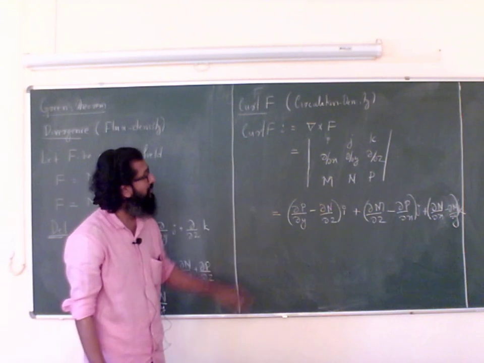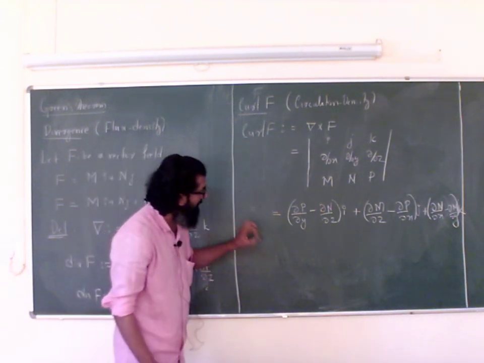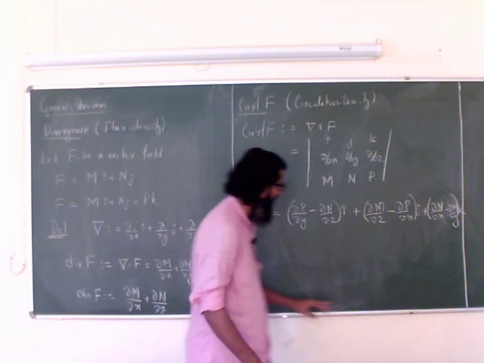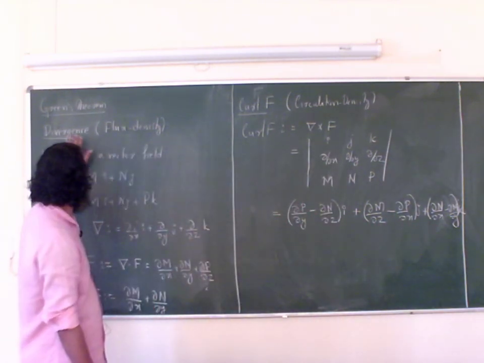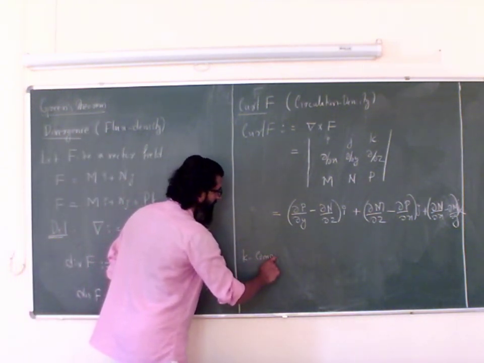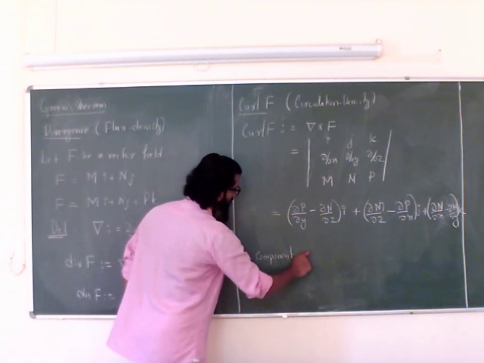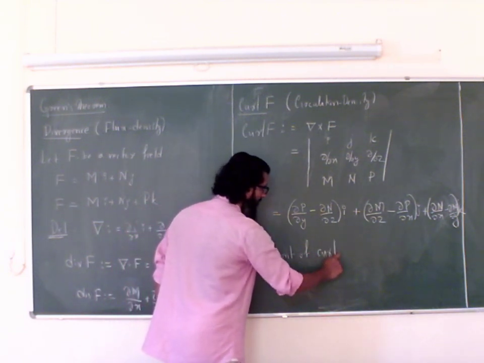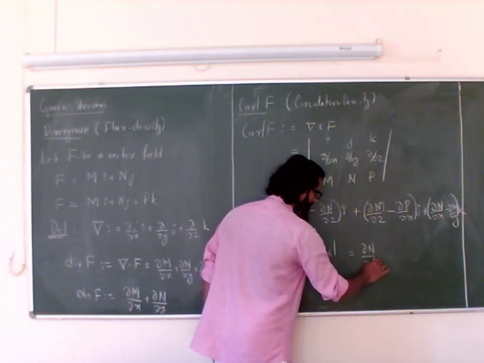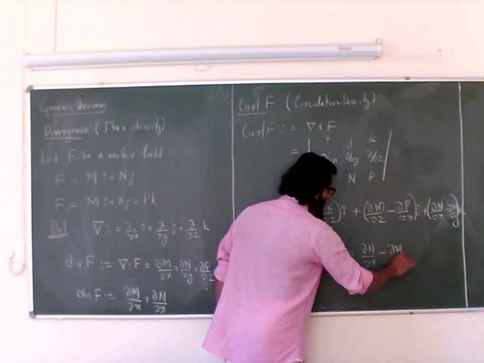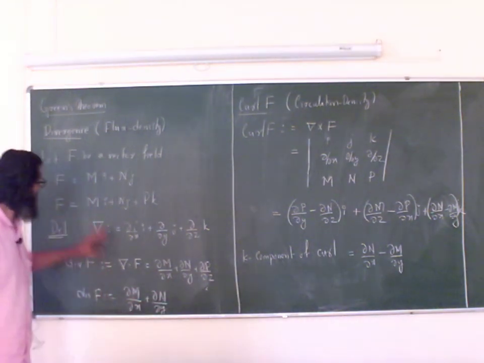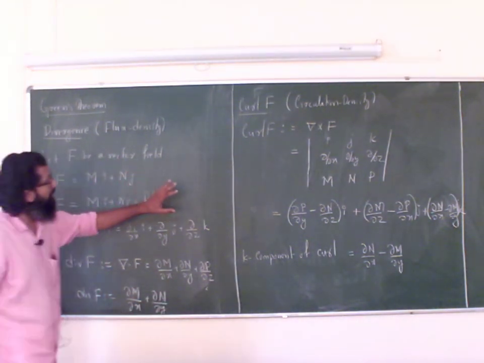It is a vector function, and if you look at the components, this is the i component, this is the j component, this is the k component. Especially I can use that k component in my Green's theorem. So the k component of curl, we can see, is nothing but ∂N/∂x minus ∂M/∂y. So we have two things called divergence as well as curl.